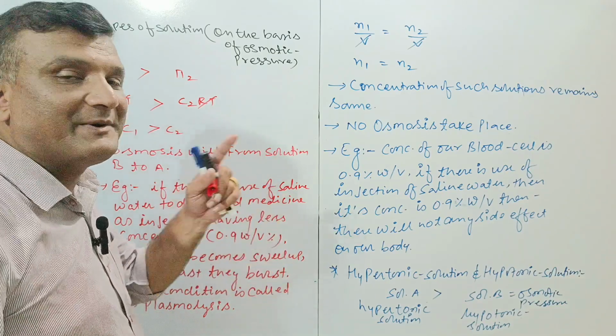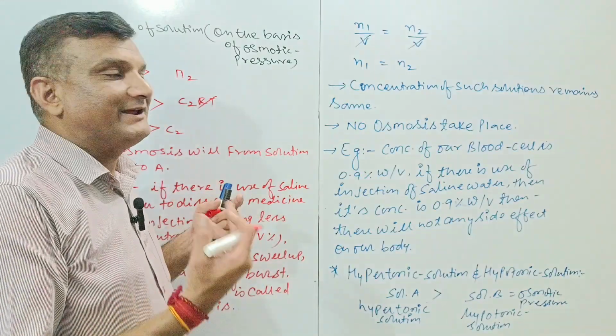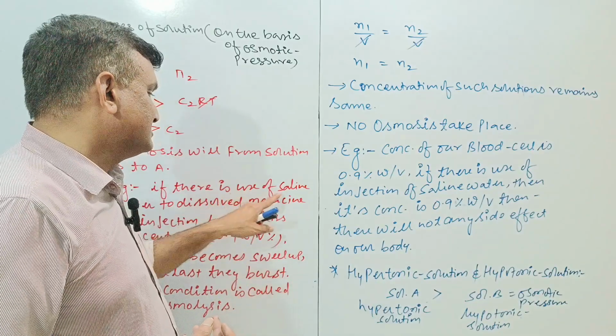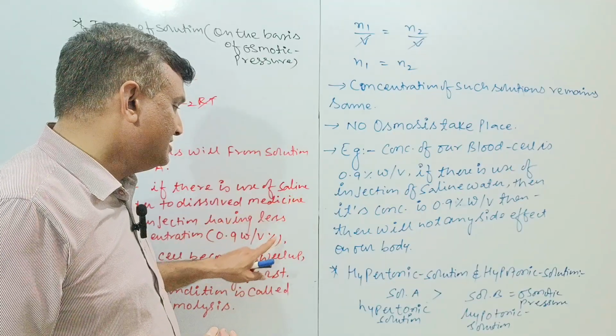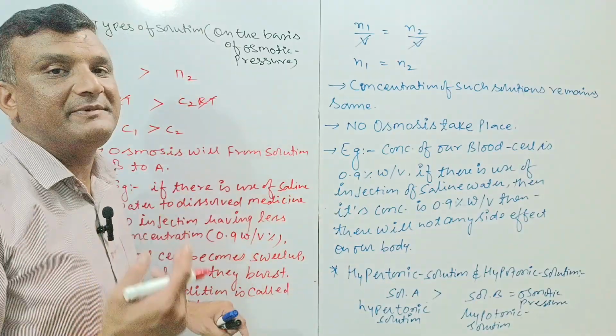Now we will go with the hypertonic solution. Means what will happen whenever we are using saline water to dissolve the medicine as an injection having the concentration more than 0.9%?